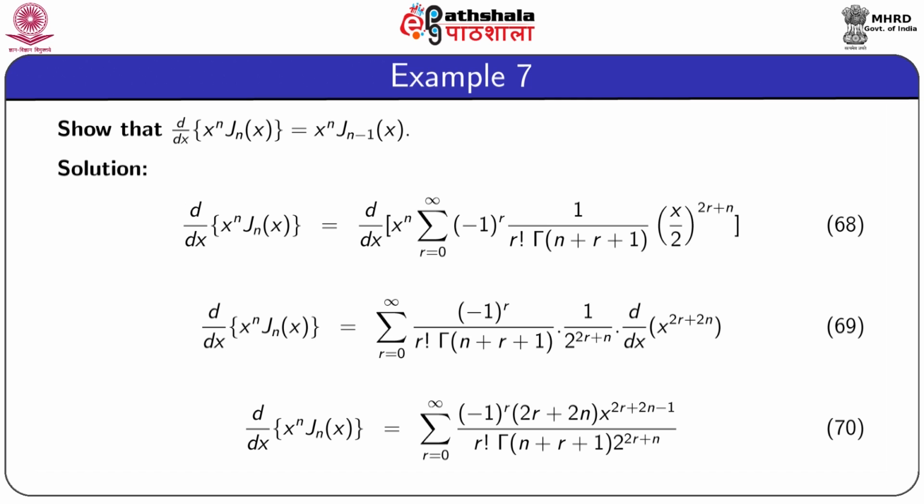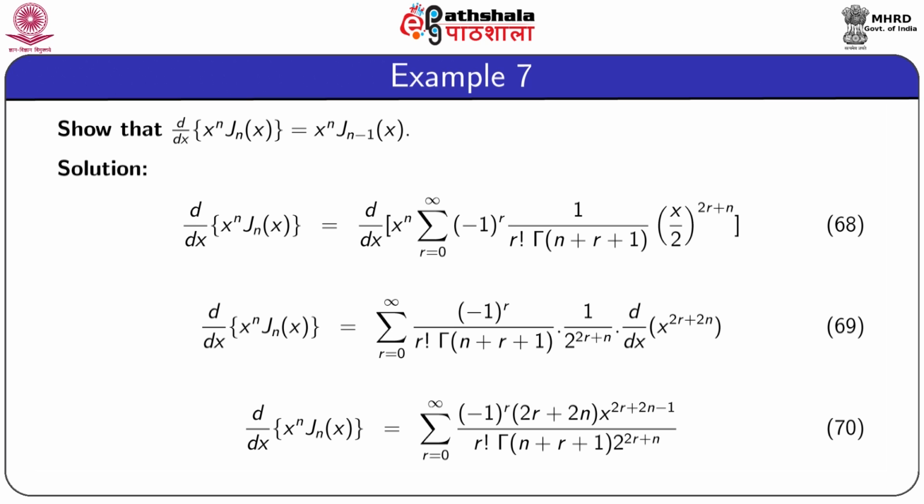In our next example, we show d/dx of x^n J_n(x) is equal to x^n J_{n-1}(x). We start with the left hand side, which is d/dx of x^n J_n(x), where we substitute the value of J_n(x) here to get equation 68, which after simplification gives d/dx of x^n J_n(x) equal to the summation r = 0 to infinity (-1)^r (2r+2n) x^{2r+2n-1} divided by r!